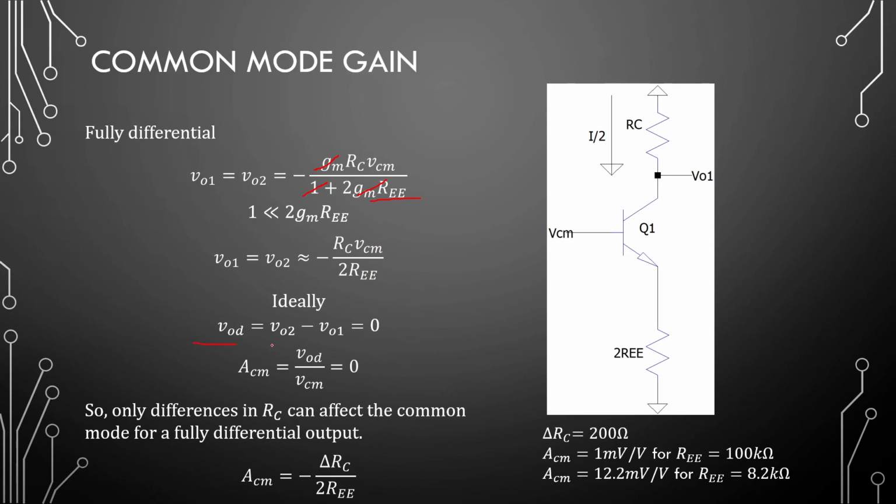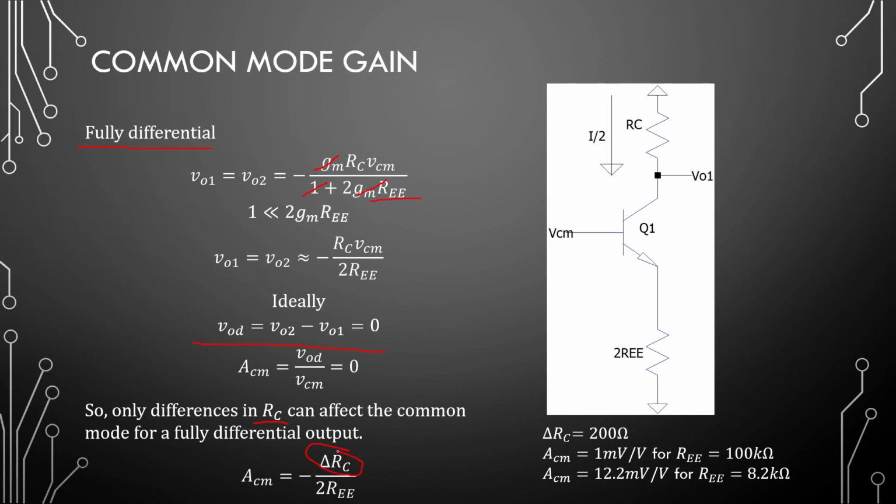In the ideal case, our common mode output will be 0, but there is typically some differences in your components, and only the collector resistor can affect our common mode gain for our fully differential configuration.